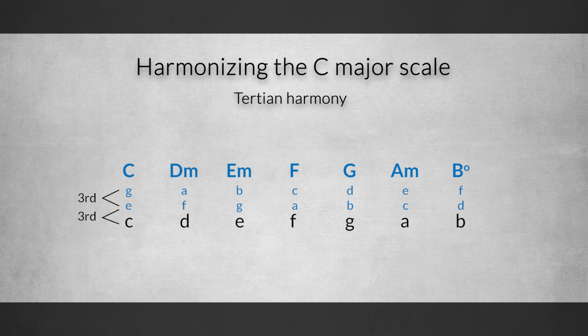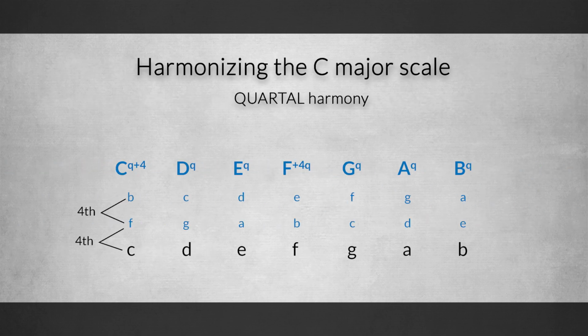But we could also arrange this to be a sequence of quartal chords within the same C major key, like this. Now this technique can also be projected on modes, of course. Say we use the same C major key but start on the note D. Then we get a Dorian sound.